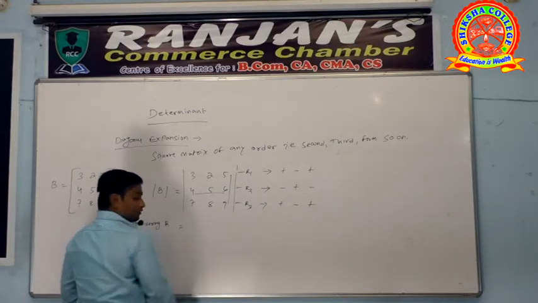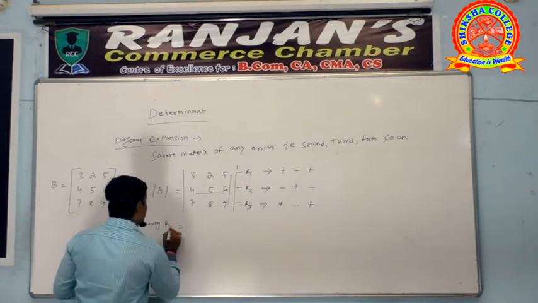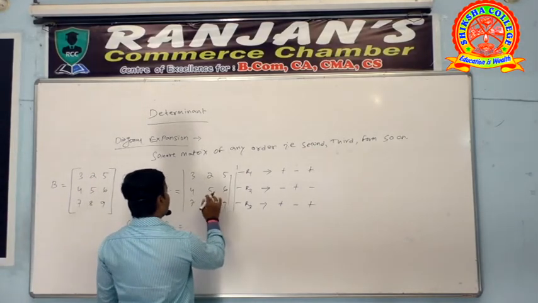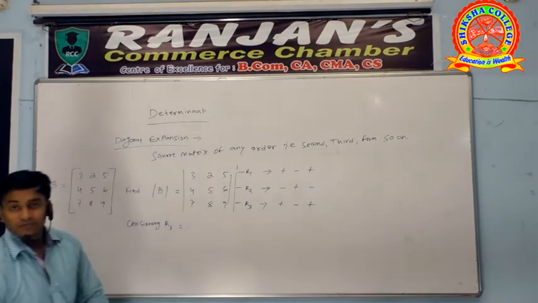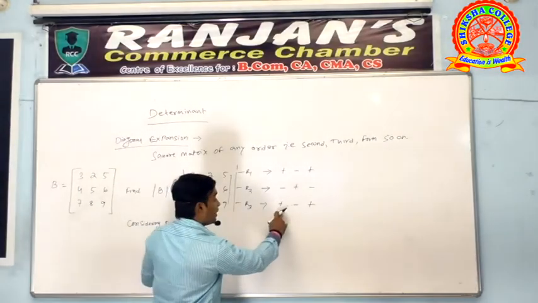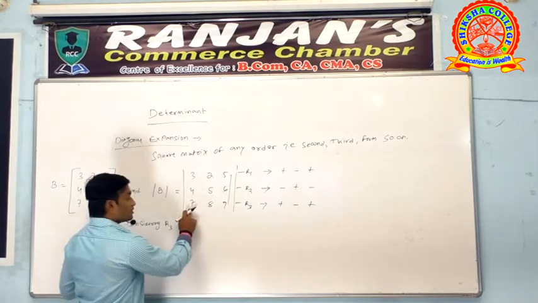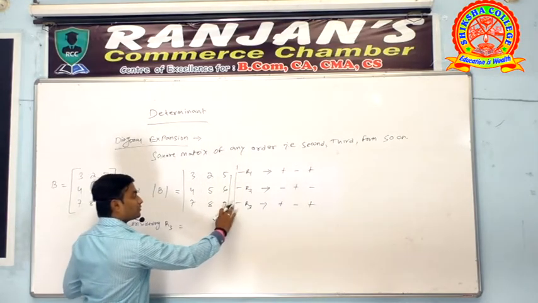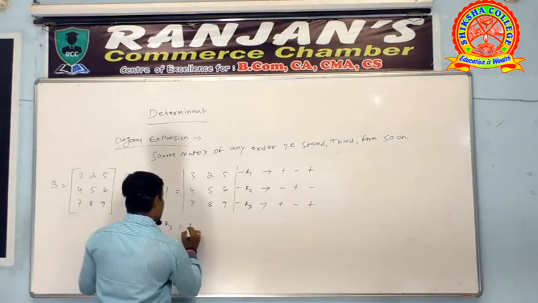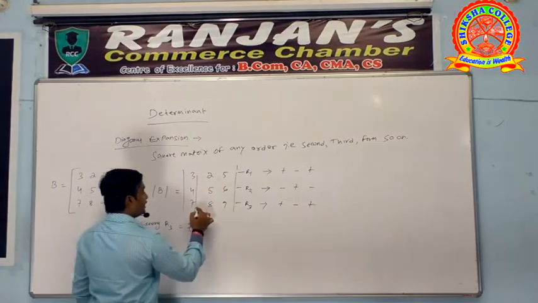Now if we are considering row 3, okay, now we are going to consider row 3. So now see, if we consider row 3, the sign formula is plus minus plus. So plus 7, minus 8 and plus 9. So first consider 7. Now delete this row and column.